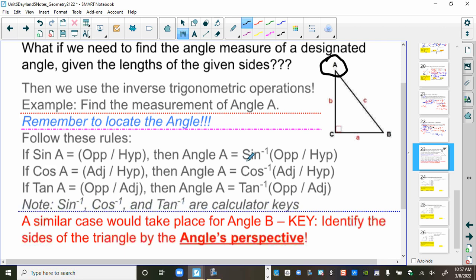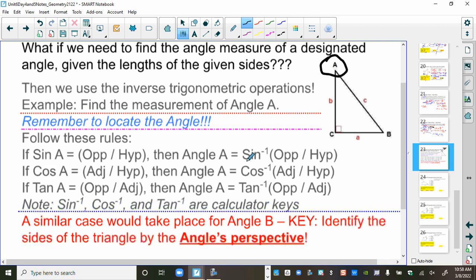You're just going to be using a different command. However, I showed you, you hit that second button, and you're just going to repeat either sine, cosine, or tangent, but then you're going to type in the fraction, like whatever your opposite is over hypotenuse. So that's what we're going to be doing.